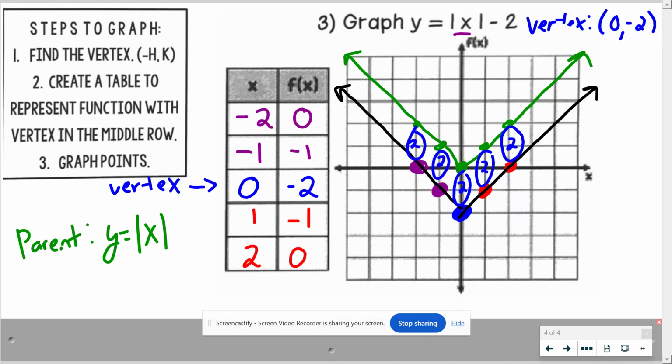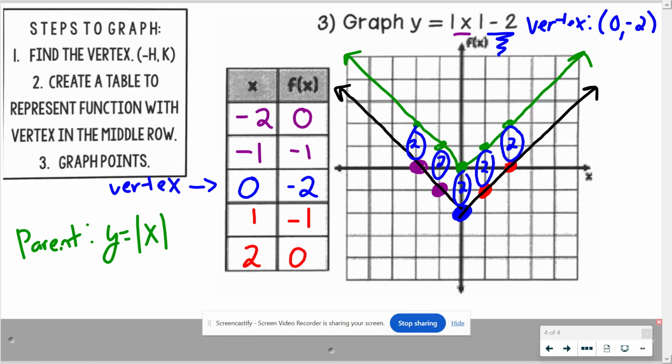And you don't need to graph this, by the way. A distance of 2. Well, in our absolute value function, we had a k value of -2, meaning we had a vertical shift 2 down. So every time we're comparing to the parent function, our current equation is going to be 2 lower than what we should normally expect.